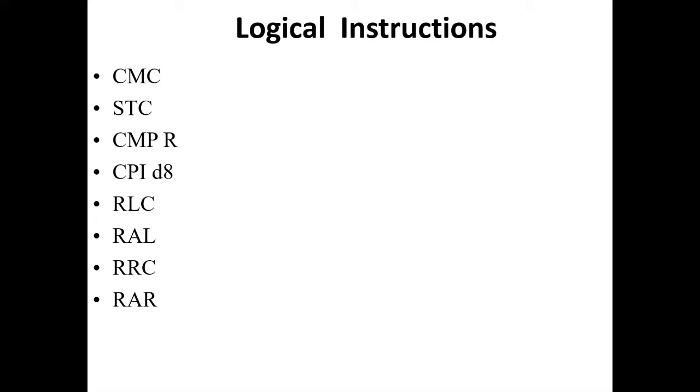Next is CMP R. CMP is a mnemonic that stands for compare accumulator, and R stands for registers A, B, C, D, E, H, L or M, where M is the HL pair location.